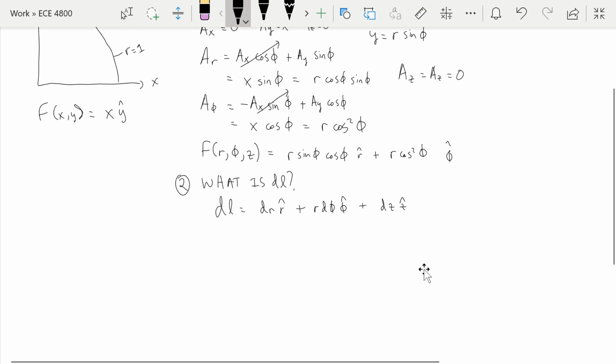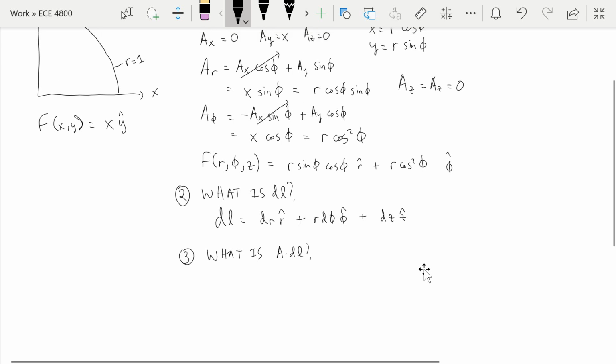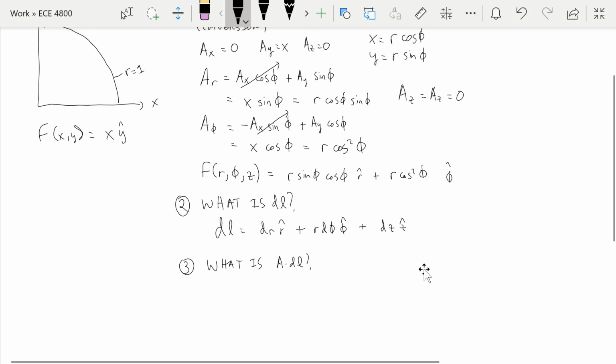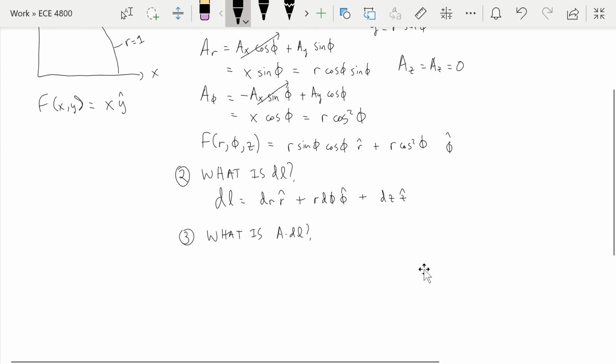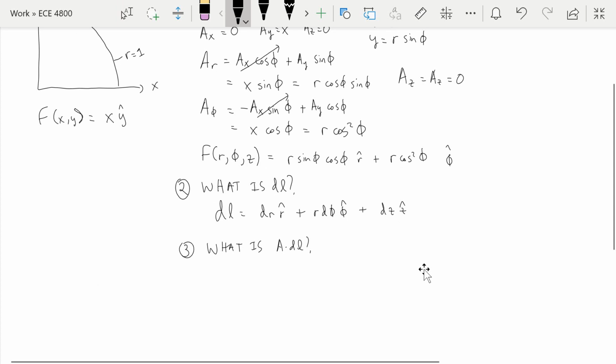Okay, so the next step is what is F dot dl. We multiply the two together, in this case it's F dot dl, not A dot dl.